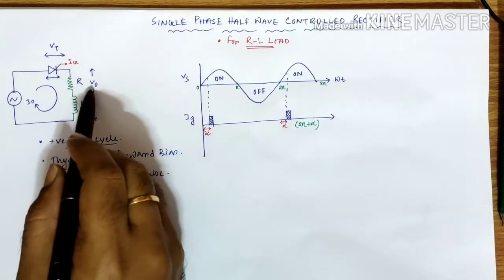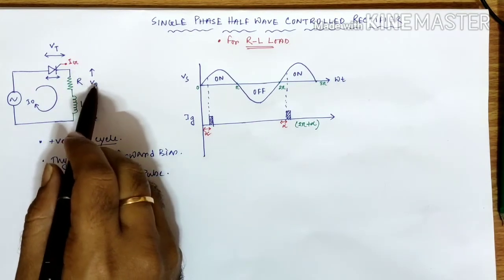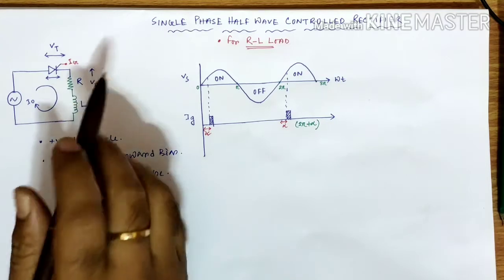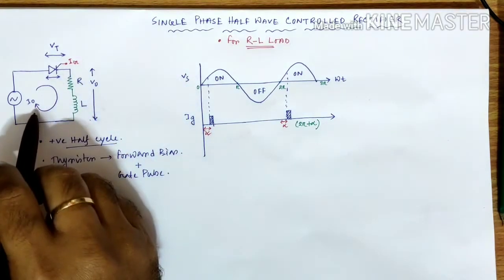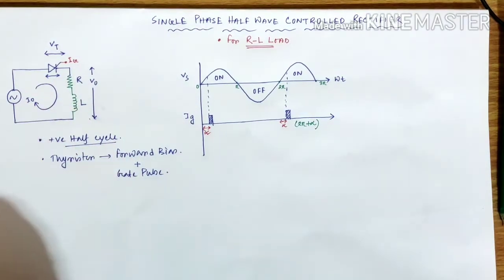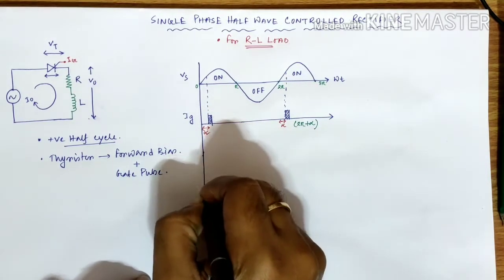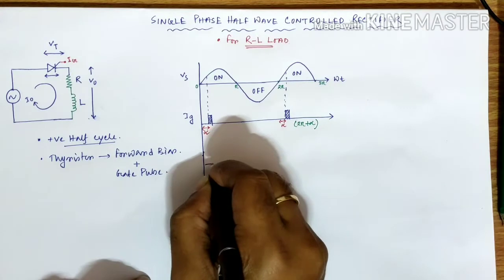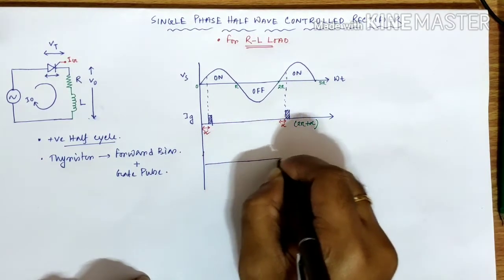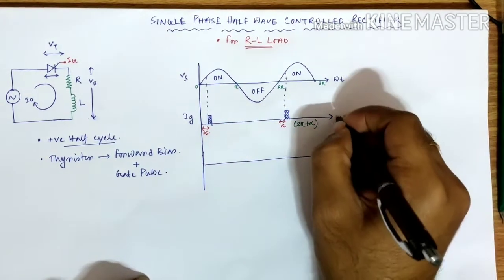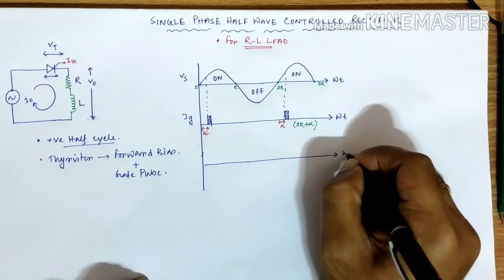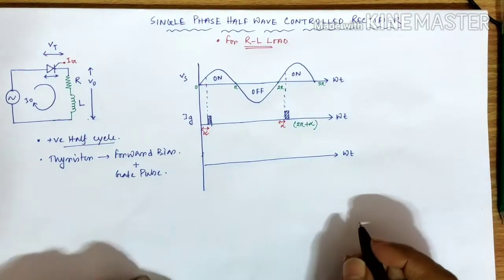V0 is the output voltage that we can get across the load, and I0 is the amount of current flowing through the load. Here we want to understand the relation between V0 and I0, and we will do that with respect to the diagram.